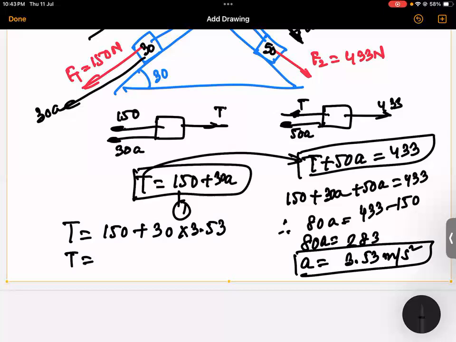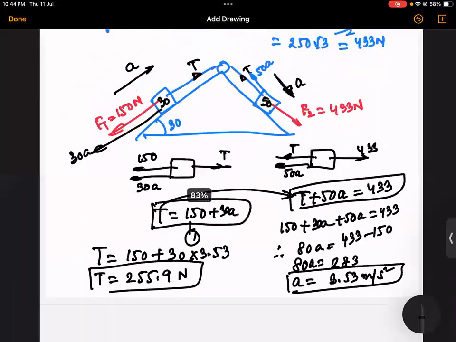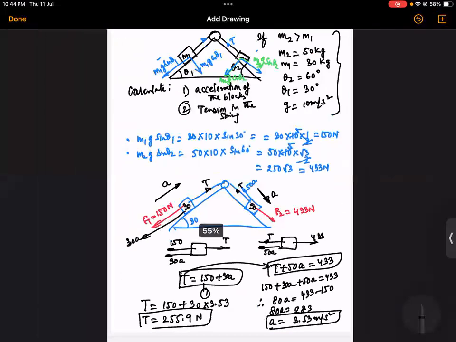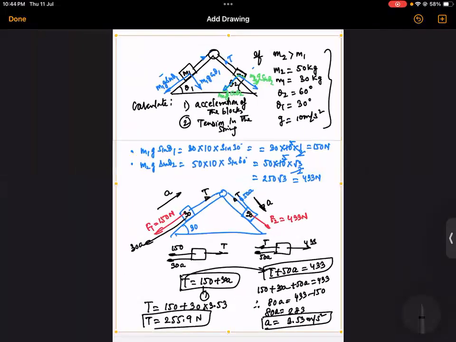Now you can easily calculate. Plus 150. So it will come to as 255.9 Newton. So this will be the answer of the tension. So this is the entire problem I have told you. This is a very, very important problem on inclined plane.